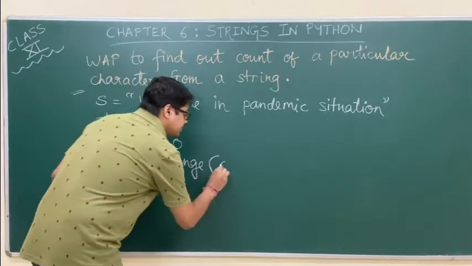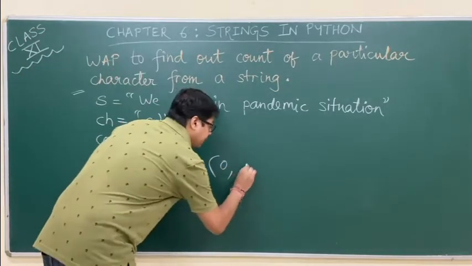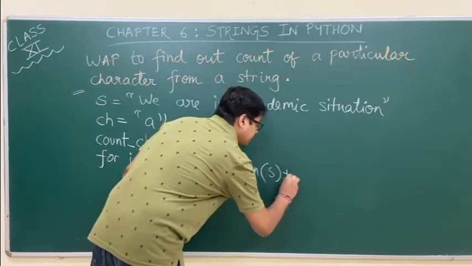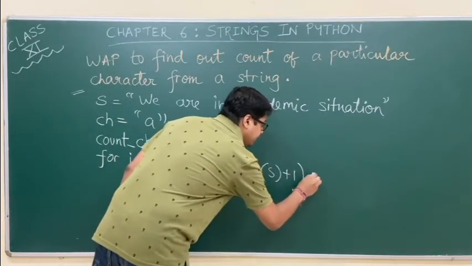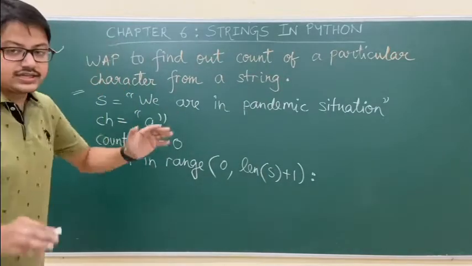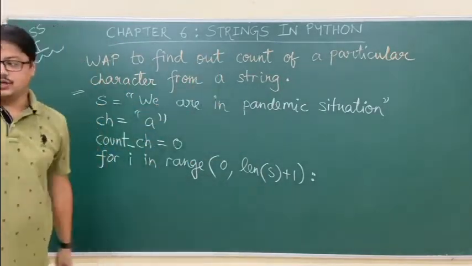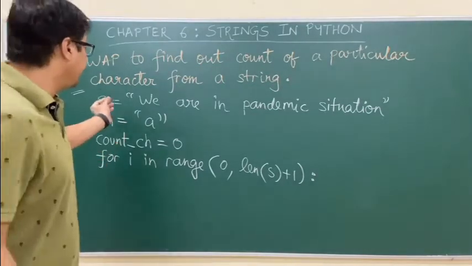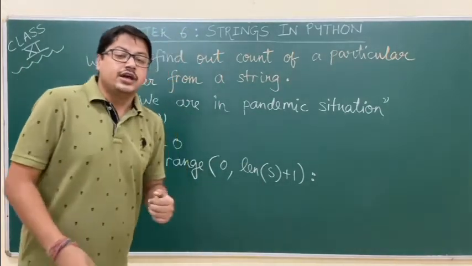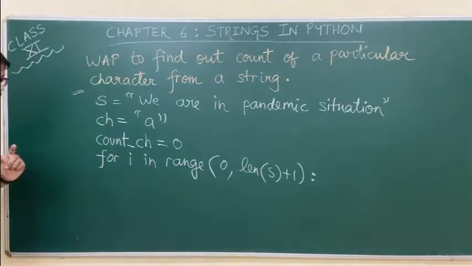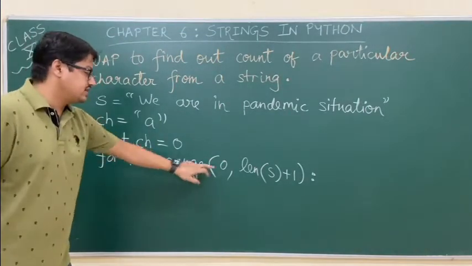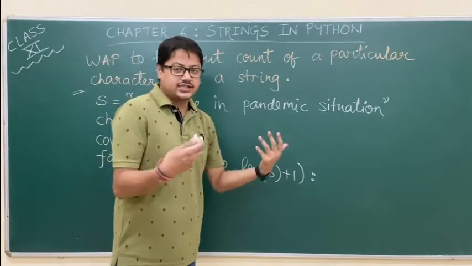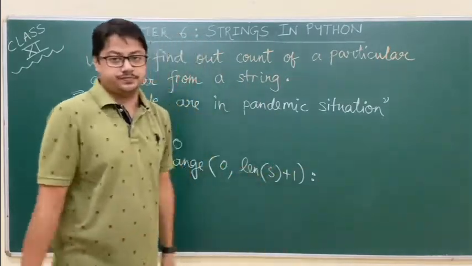I will start with 0, I will end with length of s plus 1, and with this loop, remember, in such questions we are dealing with forward indexing. You all already know from the previous video how we index and traverse each and every element of string s. So my range is, for i in range 0 to length of s, plus 1.